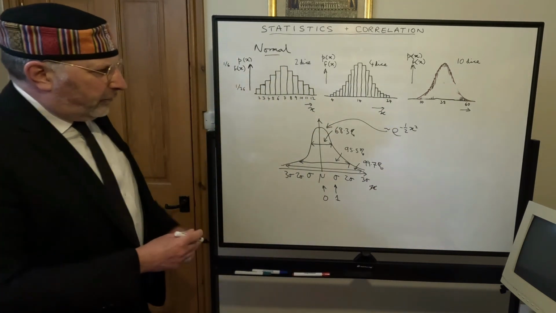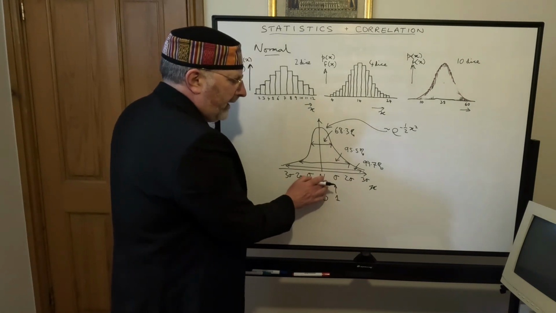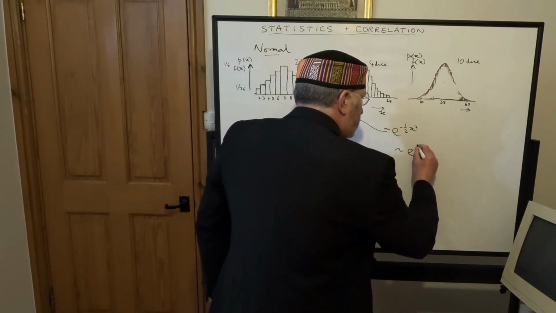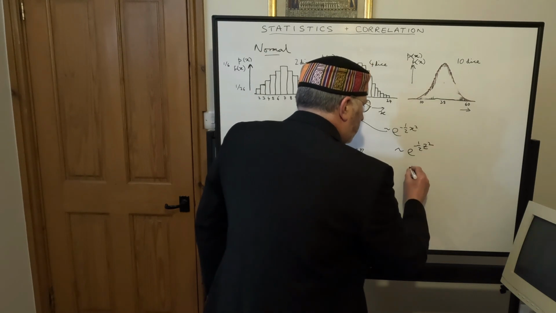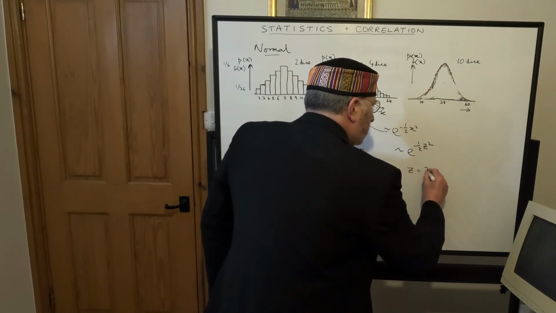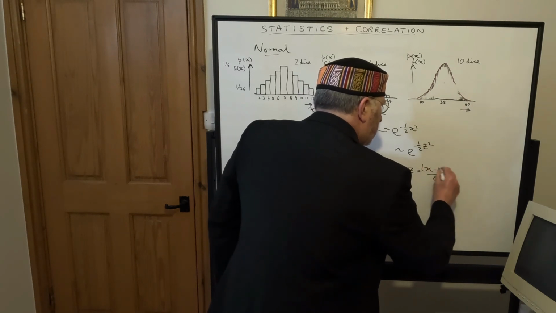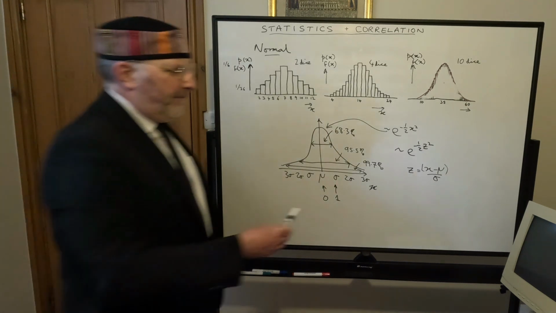In the general case, where the mean is not 0 and the standard deviation is not 1, but there are mu and sigma, it's proportional to e to the minus a half z squared, where z is given by x minus mu over sigma.